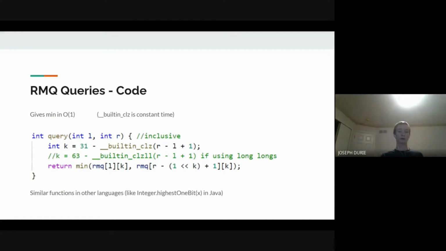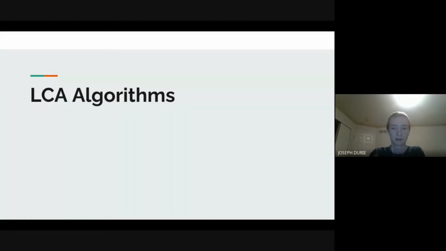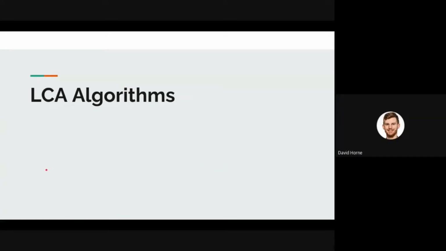So before we move back on to LCA, anyone have questions on RMQ? Okay. I have a question. Yep. Could you do this for things besides the minimum, or is it pretty much only minimum and maximum?